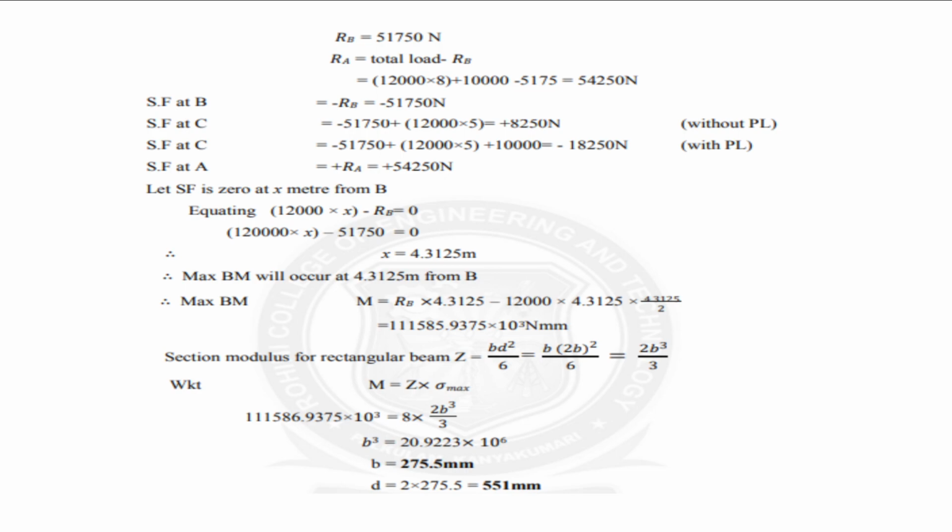We are getting the conditions. We know that M is equal to Z into sigma max. Using the conditions, we find the breadth value 275.5 mm and the depth is equal to 551 mm. So these are the answers for breadth and depth. The unit will be mm. Thank you.